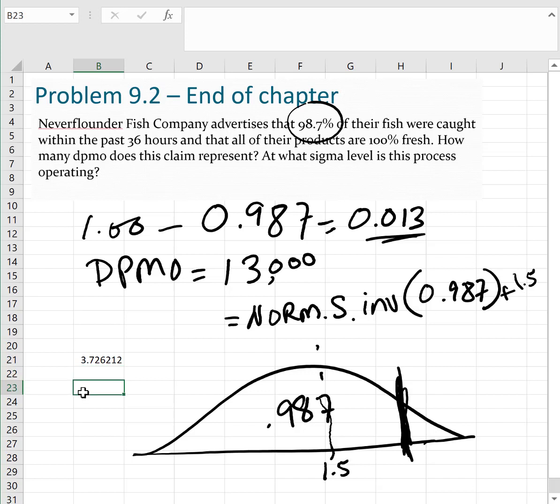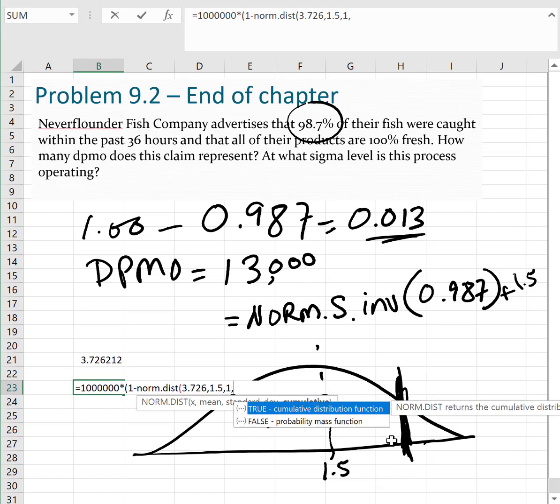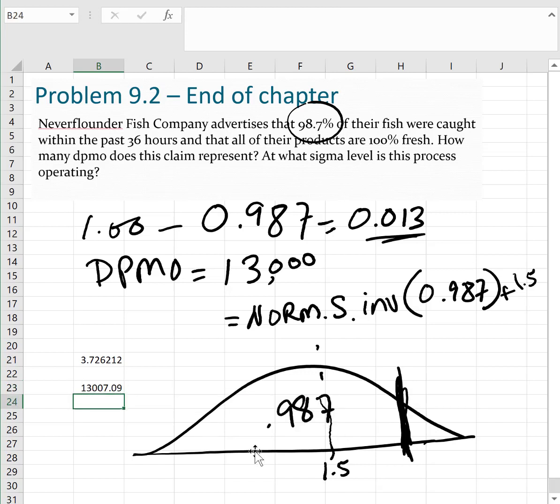And of course, if I were to compute for this sigma level, if I were to use 1 million times 1 minus norm dist, where we have 3.726 as our x value, 1.5 as our mean, 1 as the standard deviation, and we say true, we get that 13,000 that we had calculated before.